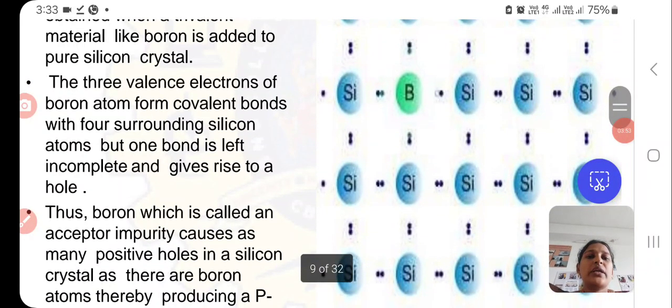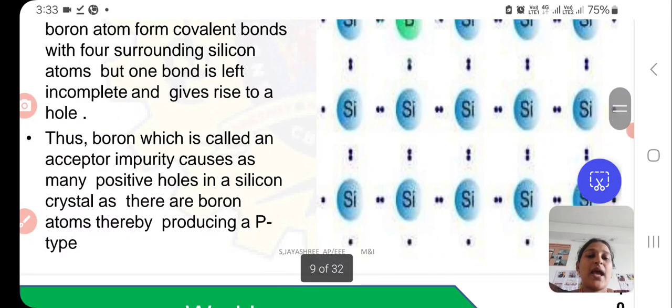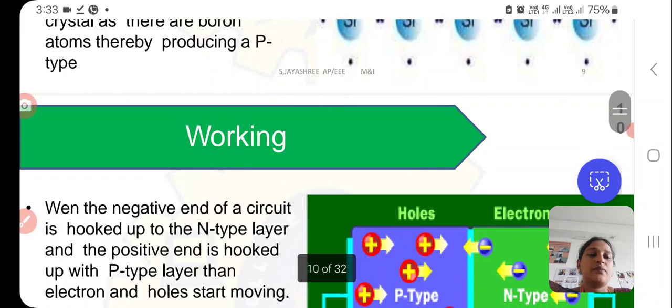That incomplete bond is because of the deficiency of electrons. Hence boron is called an acceptor impurity, and it causes many positive holes in the silicon crystal as there are more boron atoms, thereby producing a P-type material.